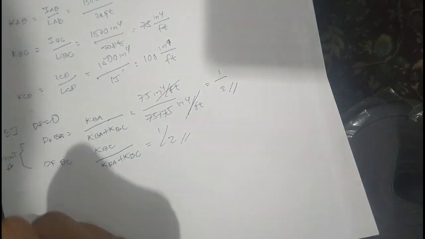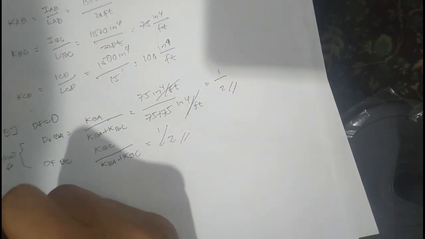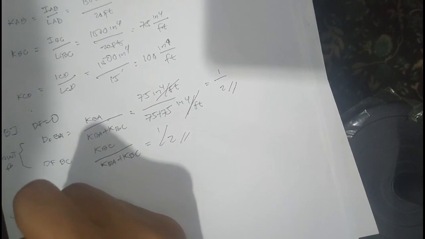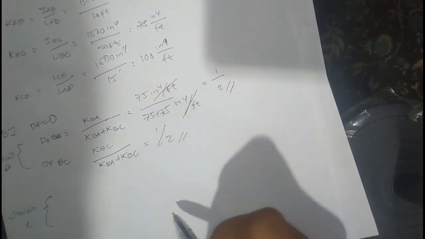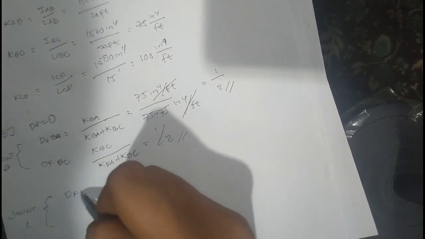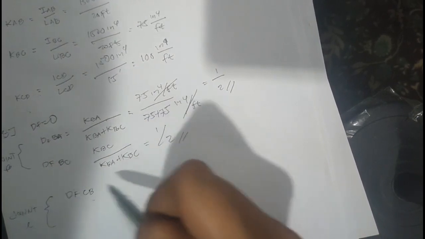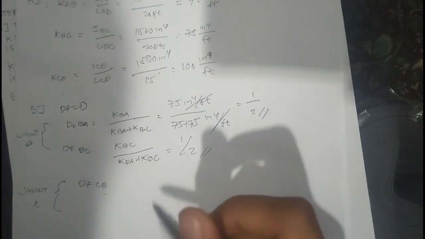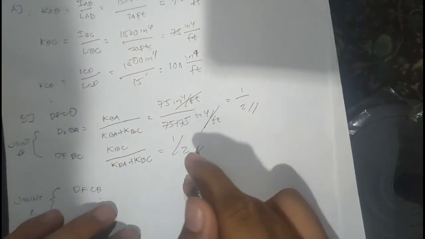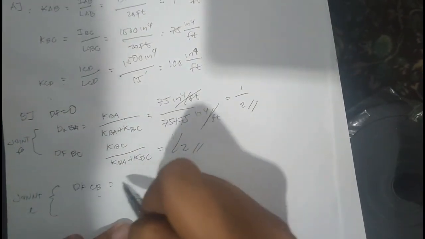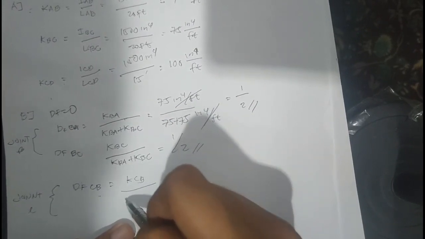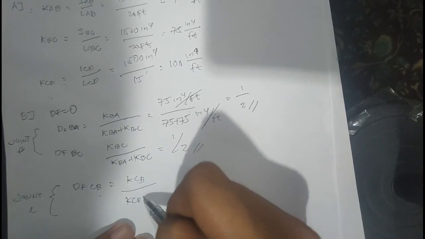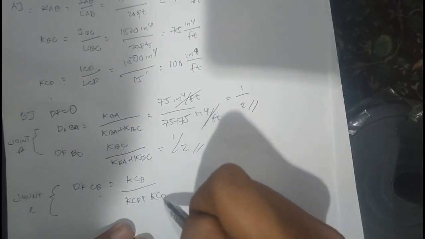Now joint C. DFCB equals KCB over KCB plus KCD.